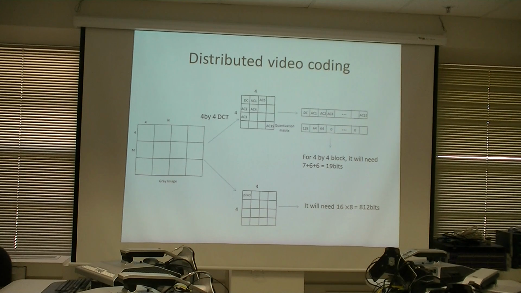Then we want to recover the interframe, so the key frame is the side information. The interframe is encoded with some compression technology, and the decoder decodes it with the help of the side information. So this kind of technology is driven by distributed source coding.